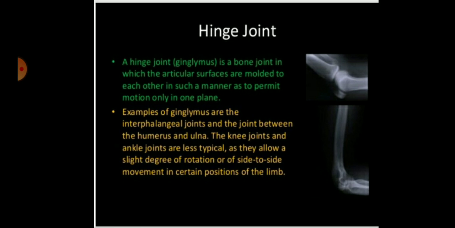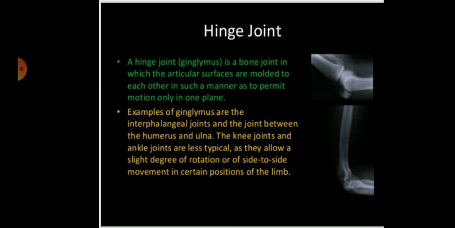So, children, the hinge joint is a bone joint in which the articular surfaces are molded to each other in such a manner as to permit motion only in one plane. The knee joint and the ankle joint are examples of the hinge joint.